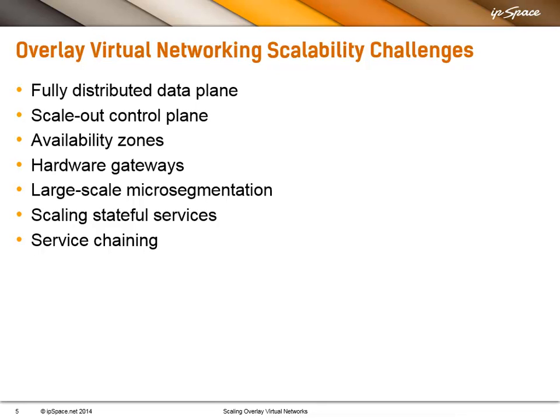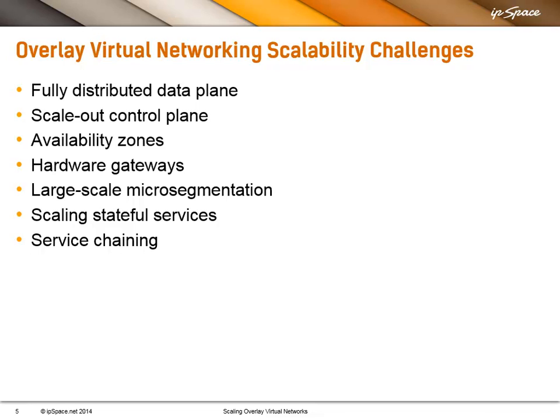First, the data plane should be fully distributed. You shouldn't have any choke points. Second, sooner or later, you will hit the implementation limitations of whatever controller you're using. So if you want to have unlimited growth, you should have a scale-out control plane.